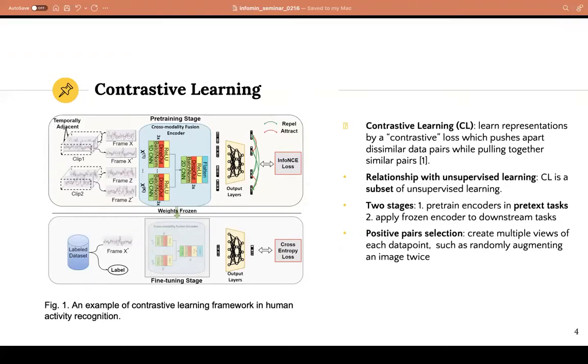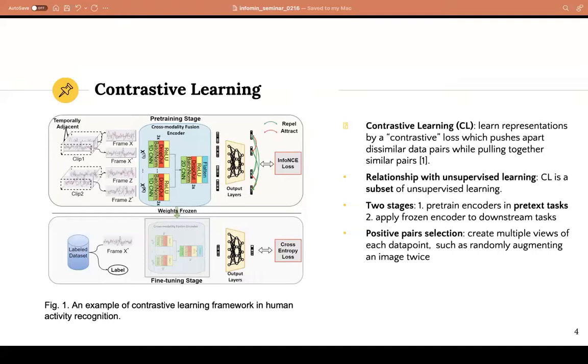We pass those original data to a well-defined encoder. Then you will get some vectors. We call those representations or features, whatever. And you can go through output layers, so you will get more compressed vectors. And then you will use some contrastive loss. Commonly used is the InfoNCE loss that I will introduce later.